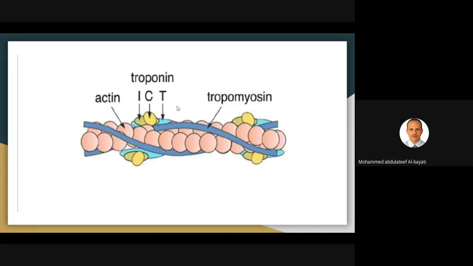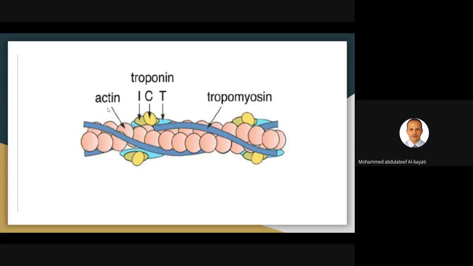This protein present in the filament helps bind calcium and keeps the contraction of the heart muscle by binding the tropomyosin with the actin filament.